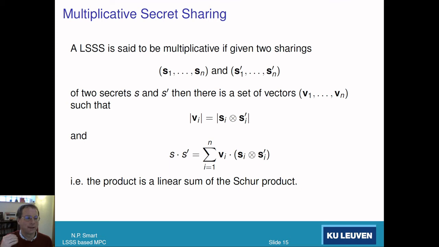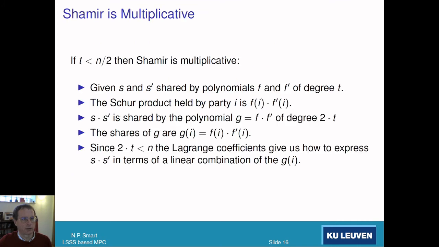So you can basically express the product of the sharings as a linear combination of the Schur products of the local sharings. Okay? So this is what we mean by a multiplicative secret sharing scheme.